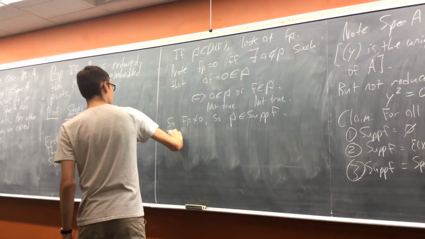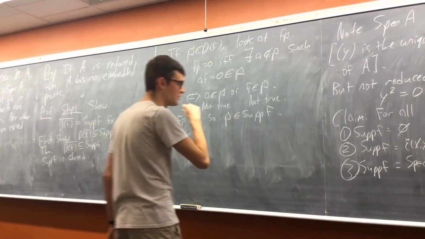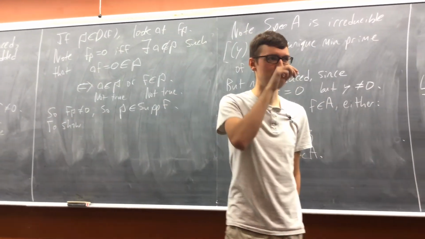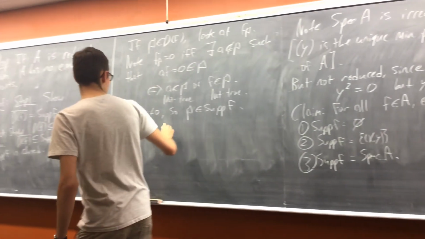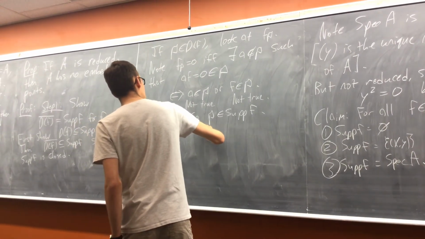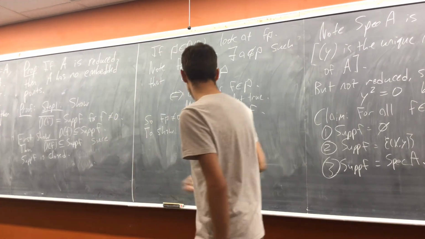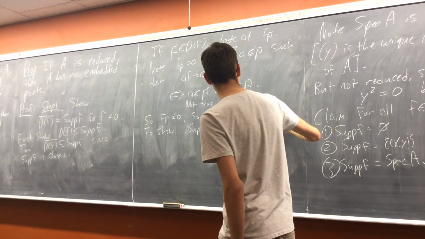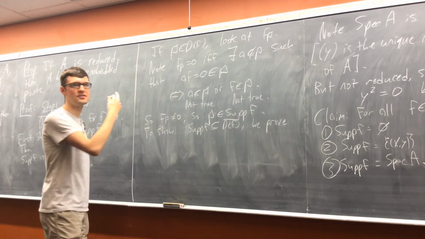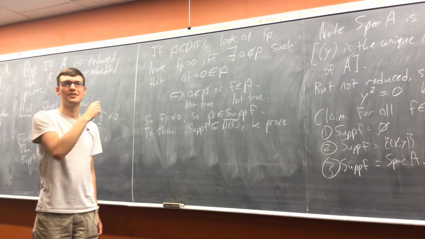So to show, I'm not sure I've ever used this topological definition of closure outside of real topological spaces before. So to show Supp f is contained in the closure of D(f), we're going to do it this way. We're going to prove that every point in Supp f and every neighborhood of that point intersects D(f).